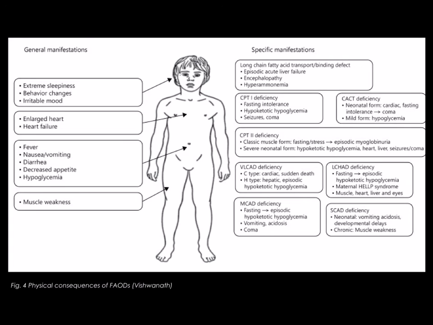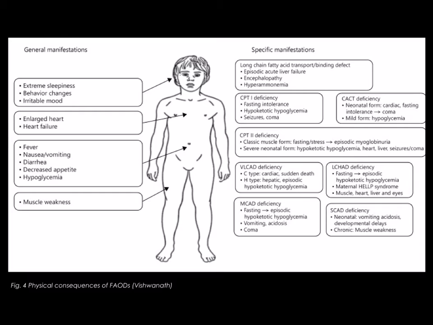So this is an outline of, on the left, general manifestations of those with fatty acid oxidation disorders, but then those that are more specific. So generally speaking, patients with fatty acid oxidation disorders are going to show manifestations of it, especially in the heart, the liver, the muscles, as you can see: an enlarged heart, heart failure, hypoglycemia or low blood glucose levels, and then muscle weakness.